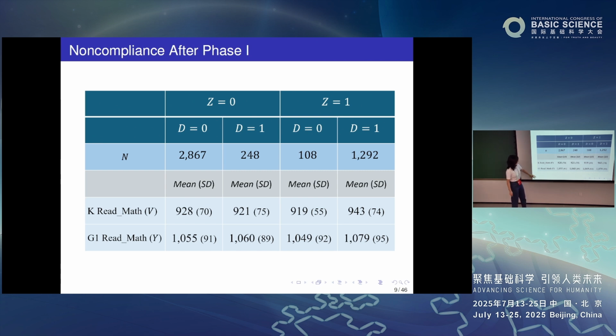Here this K-rate math describes the test score at the end of the kindergarten year, and this G1 rate math is the test score at the end of grade 1, and this is the outcome of interest. You can see that among those who were originally assigned to the regular class, those who decide to stay have slightly higher test score on average compared to those who switch.